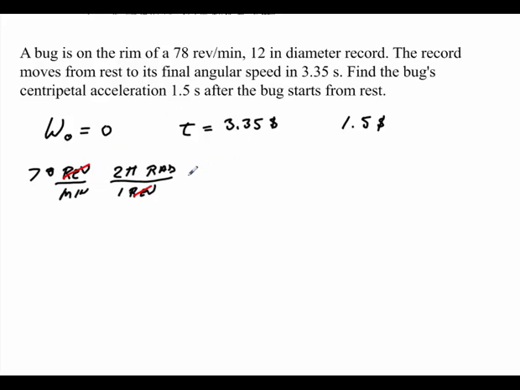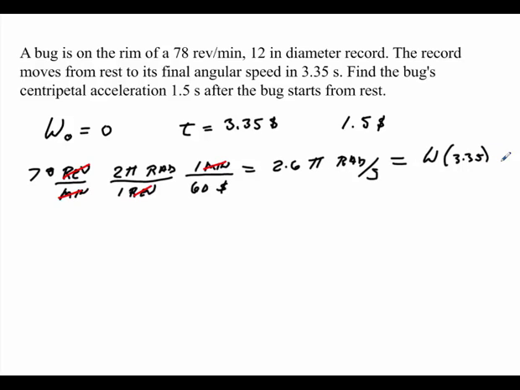We want radians per second, so I put 1 minute up here and 60 seconds down here. Minutes will cancel out. So we have 78 times 2 divided by 60, and I'll leave it in pi for right now. That gives me a value of 2.6 pi radians per second. That will be my angular velocity after 3.35 seconds.